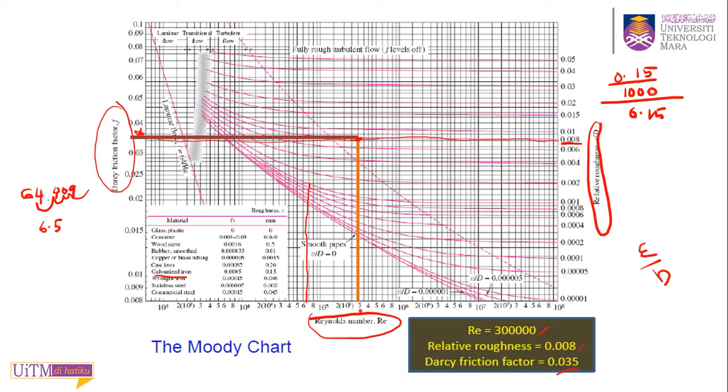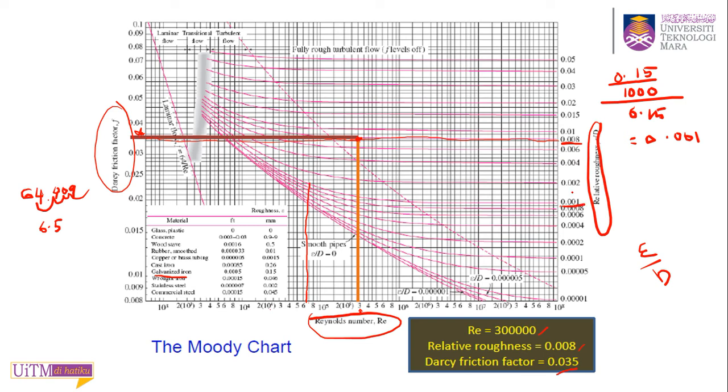That's why you divide by your D to get your relative roughness. So you calculate this value, and you will get a relative roughness equal to 0.001. And you find this value on your axis for relative roughness. It is here. This is 0.001.